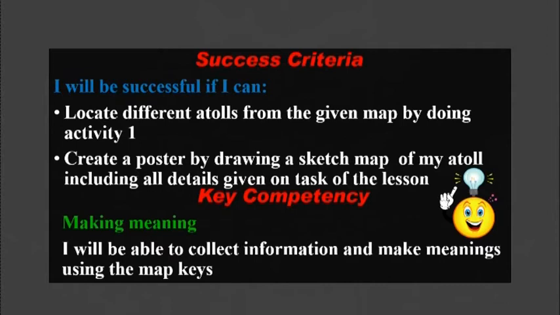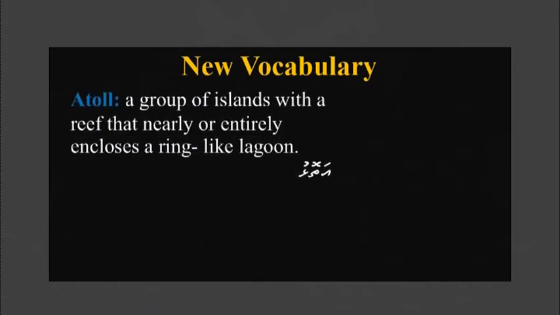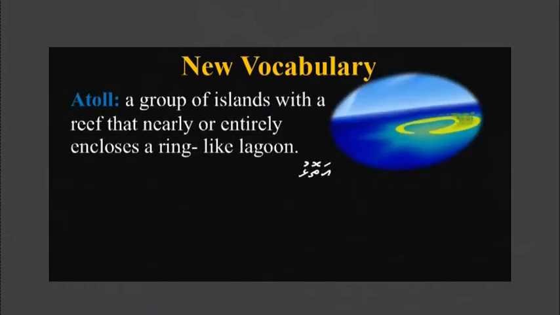Here are some words that you might not be familiar with, but some students might know. Let's see the new vocabulary. Atoll: a group of islands with a reef that nearly or entirely encloses a ring-like lagoon. The Dhivehi name for atoll is atoll.